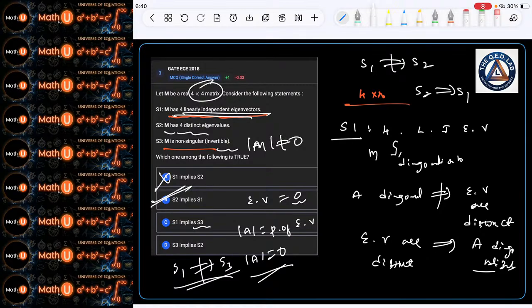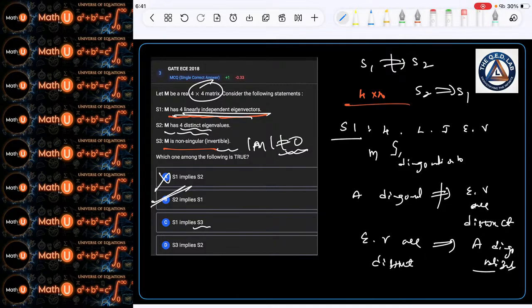No, because if the determinant is not equal to 0, we cannot say that the eigenvalues are distinct. Eigenvalues may be the same also. That's why the D option is also wrong, C is also wrong, only B is the correct one.